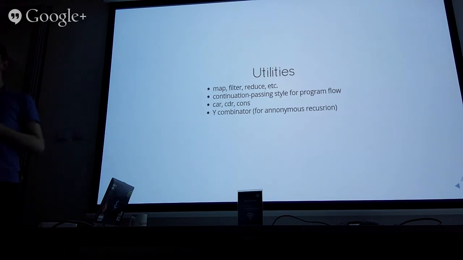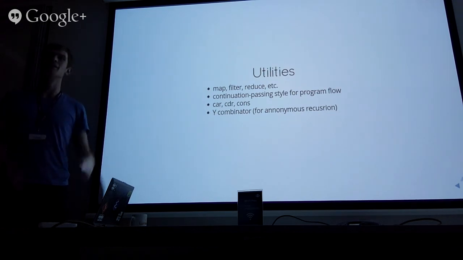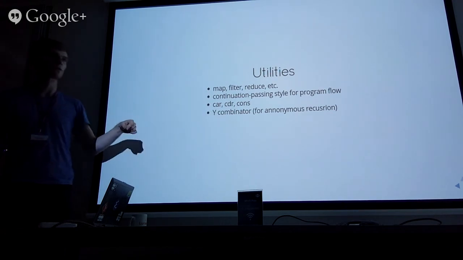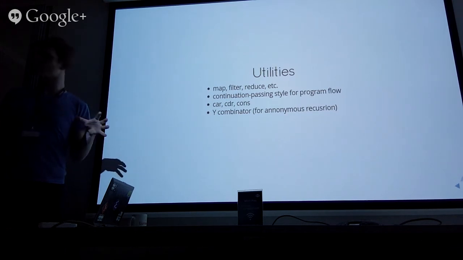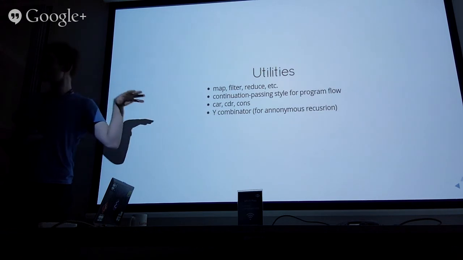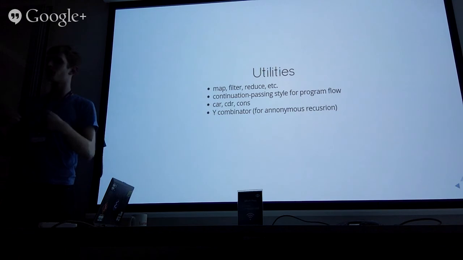This is the fully mathematical explanation for this. A fixed point combinator is a function which, for a given argument, returns the same argument, and the Y combinator takes a function as its argument.